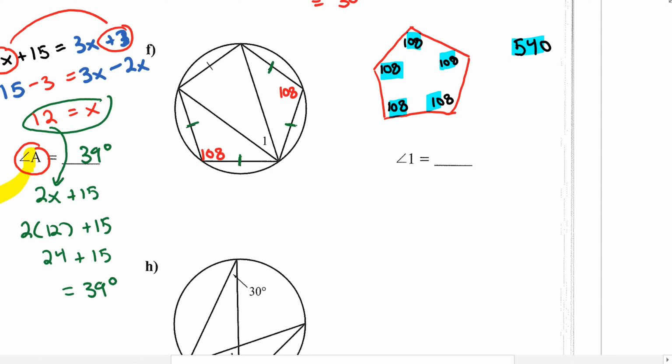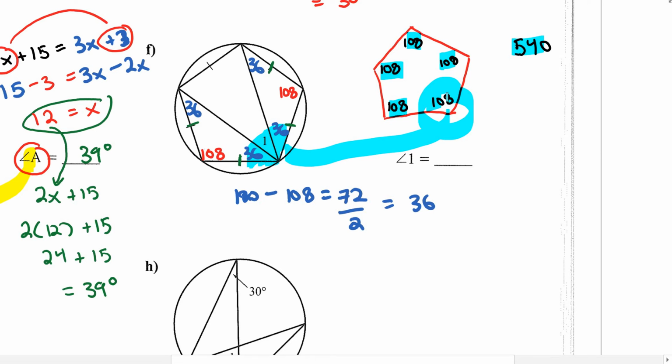We've dealt with a few isosceles triangles already. So if I do 180 degrees, subtract the 108 degrees, I get 72 degrees. If I divide that by 2, you should get 36 degrees. So what that means is these corner angles are going to be 36 degrees. Now, one of the reasons why that's helpful is because if I look at this entire blue angle right there, remember, it adds up to 108 degrees, right?